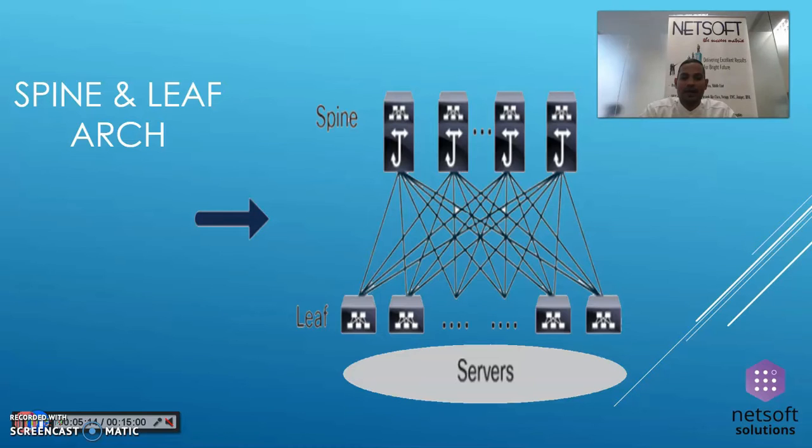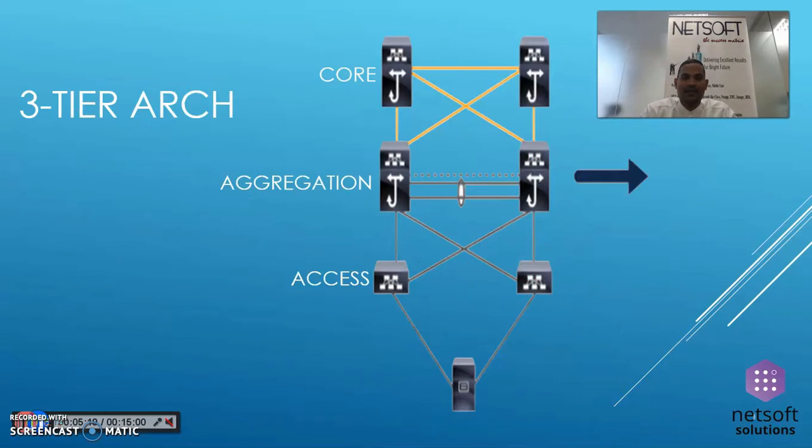The major concern for why we move from the three-tier architecture to the spine and leaf architecture is bandwidth. Here, this architecture is not a full mesh architecture. If you have a server connected to two different switches, whenever there is a loop formation in your network, STP, Spanning Tree Protocol, will come into play and try to avoid the loop.